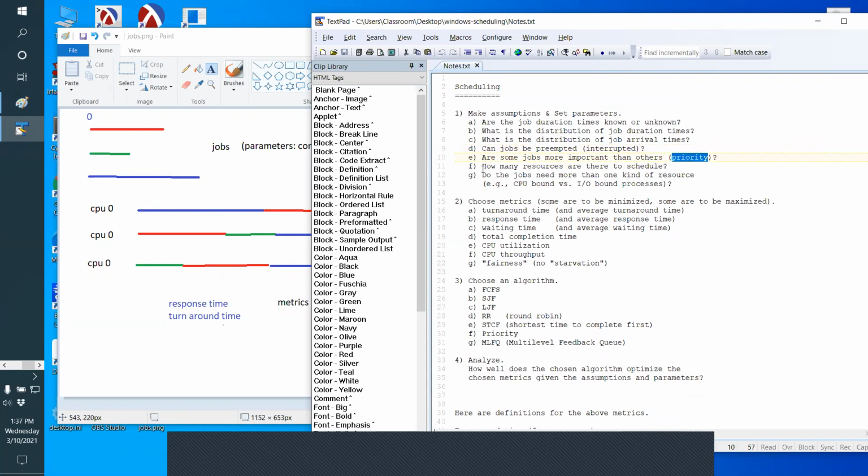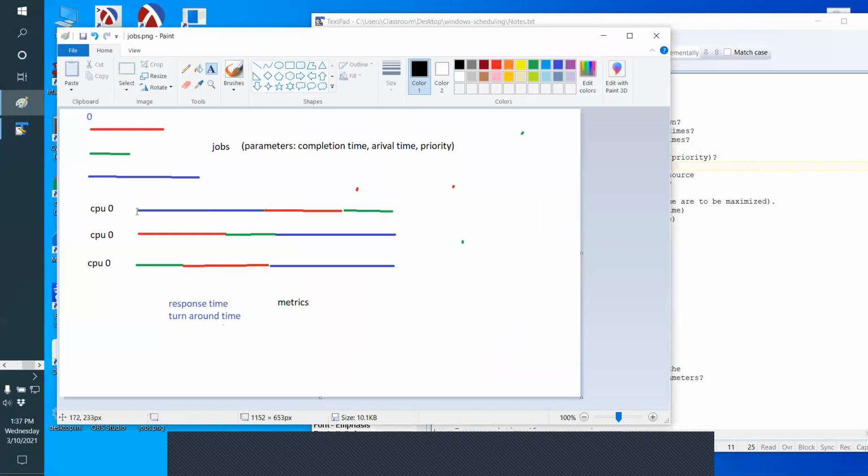Okay. Now, here's another one that's going to be kind of important. This one doesn't have an analogy with the checkout line. Does a job need more than one resource? Like here, there's only one resource, the CPU or the cashier. Now, on a computer, there could be other resources. For example, what if two processes also want to use the GPU?